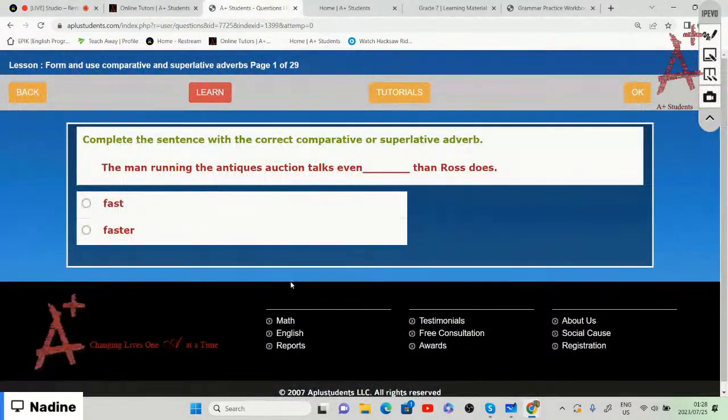We need to complete the sentence with the correct comparative or superlative adverb. The man running the antiques auction talks even, is it fast or faster than Ross does? So we need to choose the correct word.